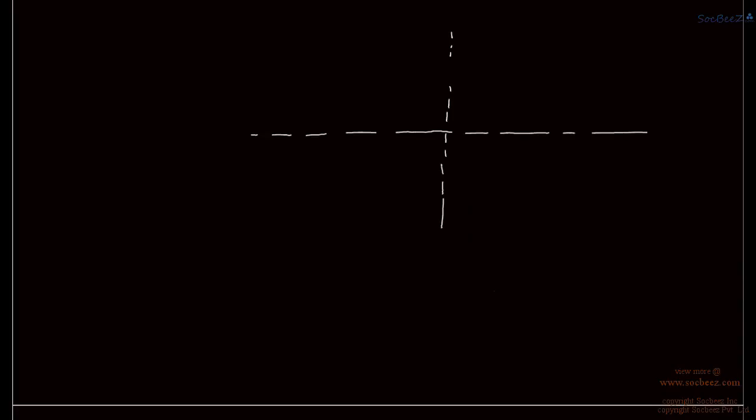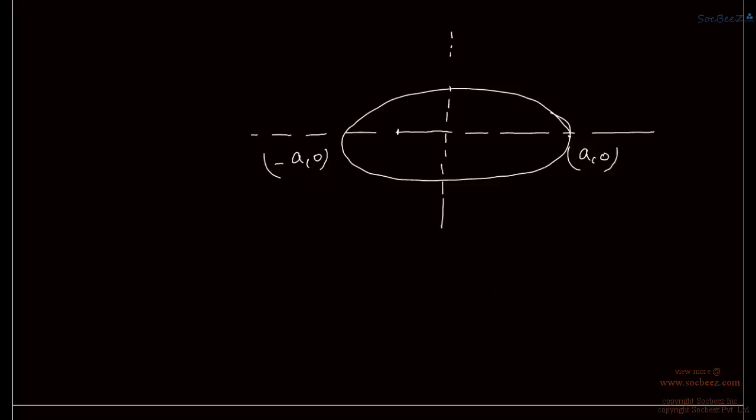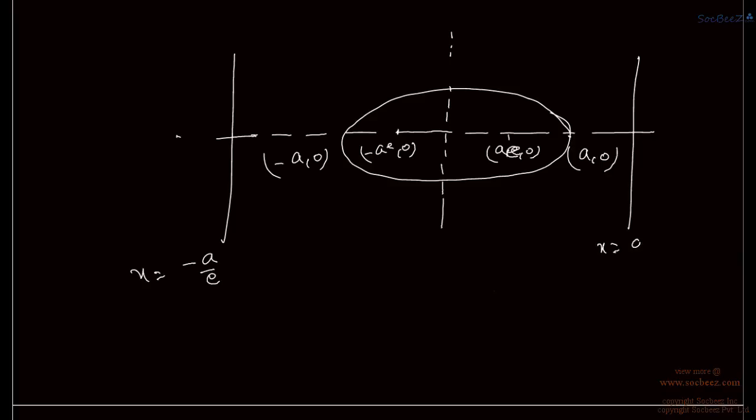So say this is the x-axis, this is the y-axis. So we have an ellipse like this, where there are two vertices at minus a, 0 and a, 0, two focuses at minus ae, 0 and ae, 0, and two directrices, which are x is equal to minus a upon e and x is equal to a upon e. This point is 0, b, and this point is 0, minus b.